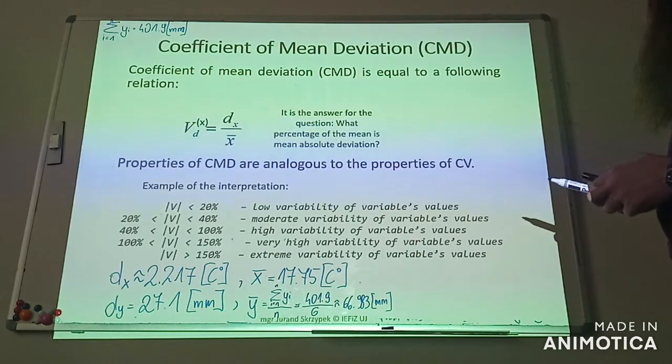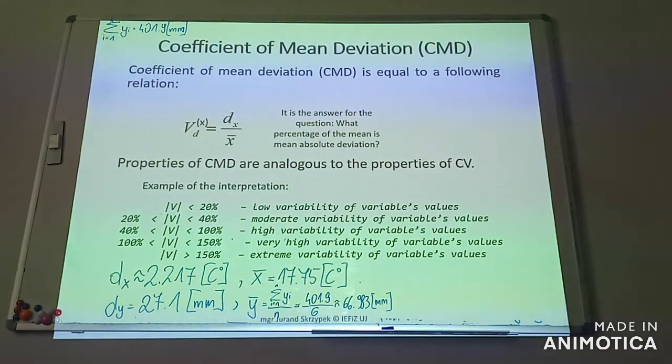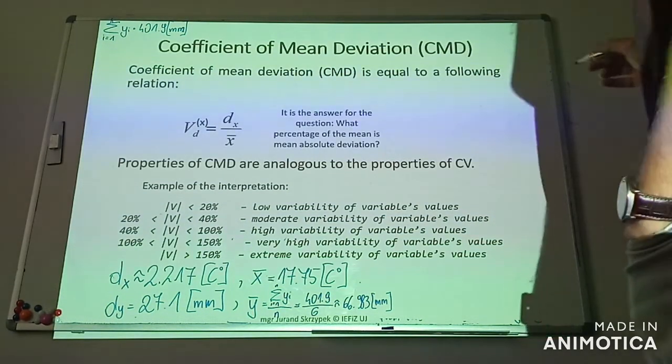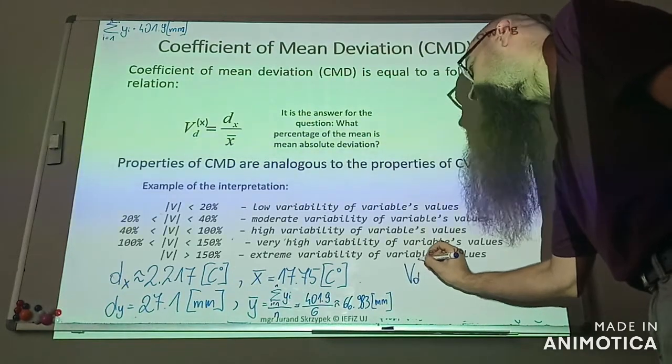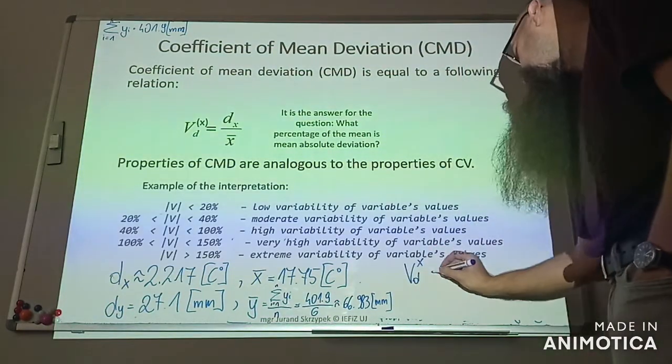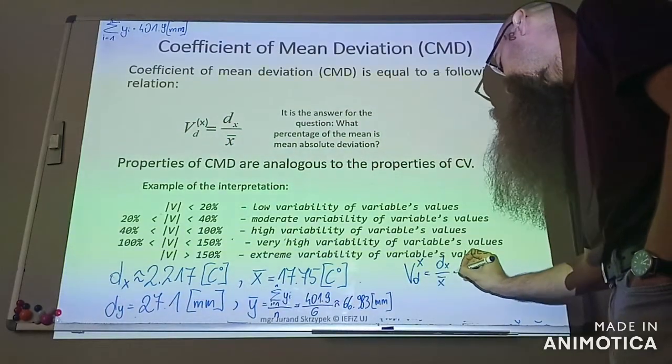So now we are able to compute both the coefficient of mean deviation for the temperature and the coefficient of mean deviation for the monthly precipitations. Here Vdx is equal to dx divided by x mean.